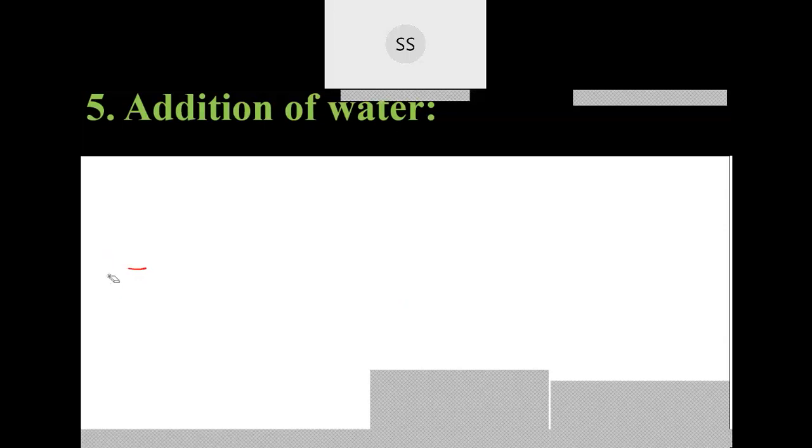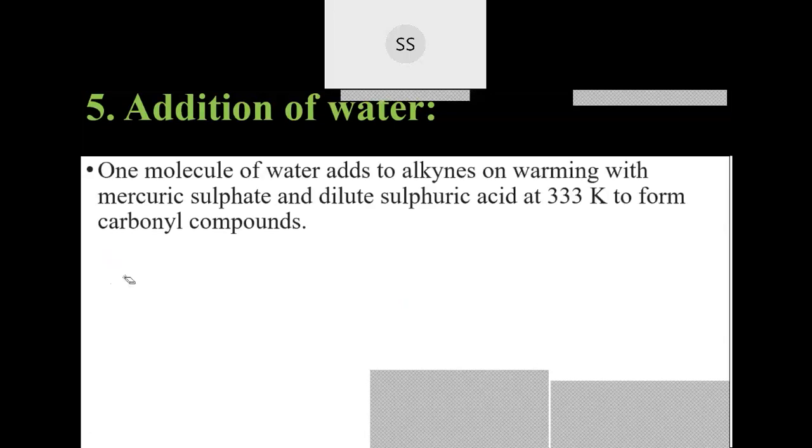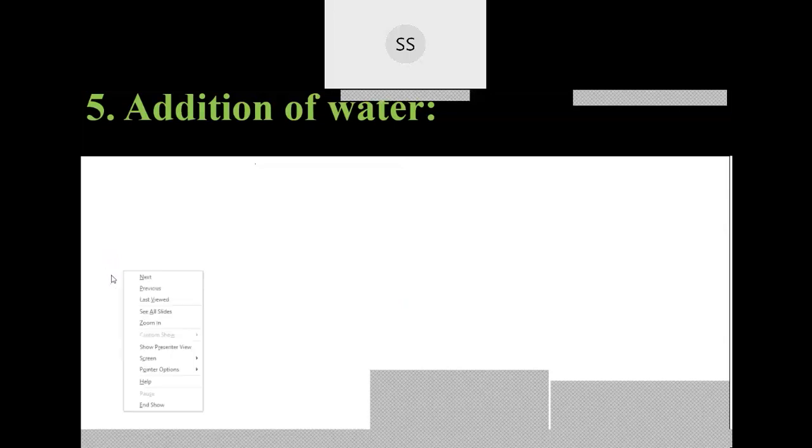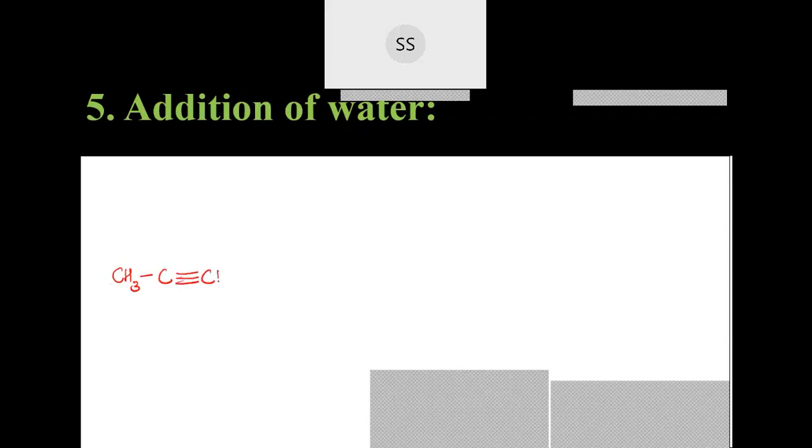Okay, we'll take propyne here. So CH3, C, triple bond and then CH. Okay, so I'm taking propyne. Addition of water you are going to do to this.